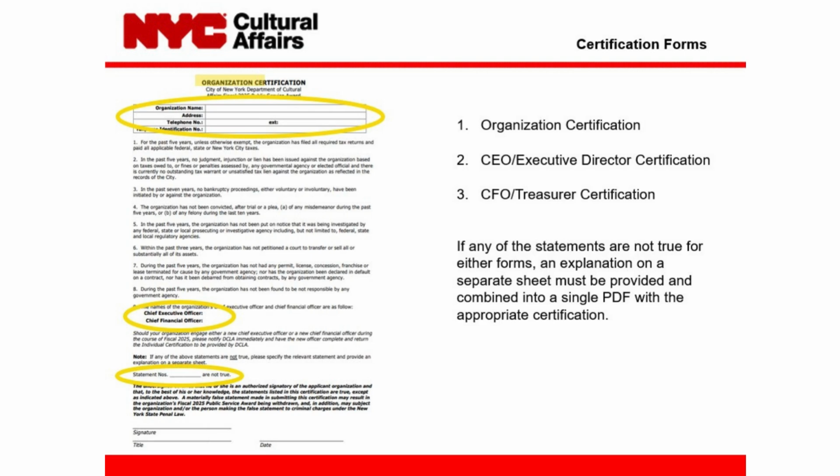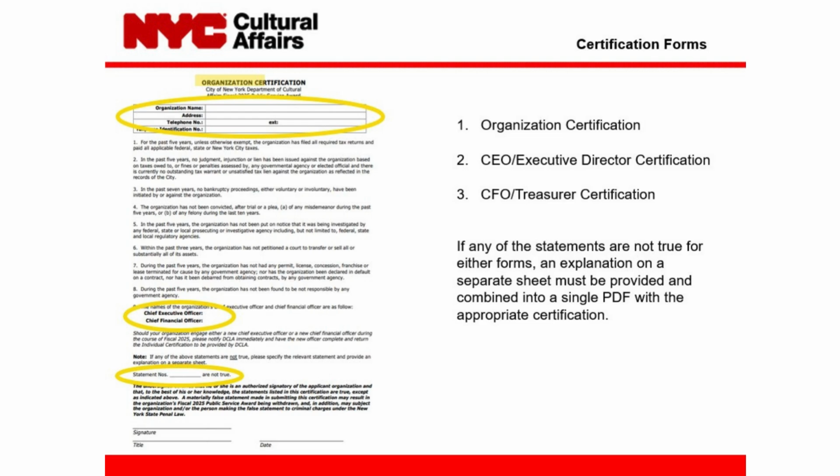In addition to the insurance requirements, you must also submit an organization certification and 2 individual certifications. Please make sure that the top of each is completely filled out and that you have used the FY25 form. For the organization certification, under number 9, please include the names of your CEO or Executive Director and CFO or Treasurer.